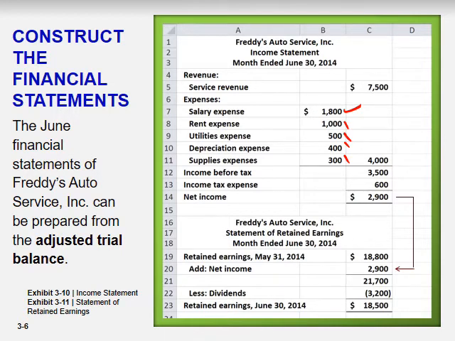So how are we going to make the financial statements? First we make the income statement. In the income statement we find the net income. Net income is used to construct the retained earnings. What is the formula for retained earnings? Beginning retained earnings plus net income minus dividends, and then you have the ending retained earnings, and that retained earnings will go to the balance sheet.